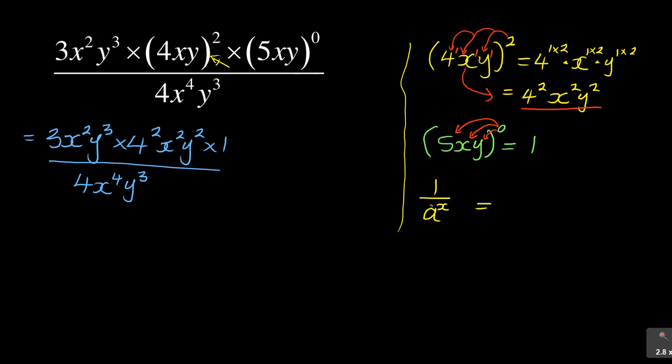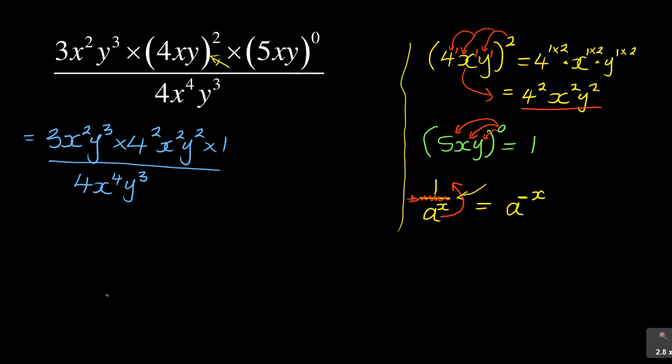If I want to take the a to the power x on top, in other words, get rid of this division line and remove it, there is a law which says to remove that division line I put a negative, so it is equal to a to the power negative x. That is the way of removing the division sign.